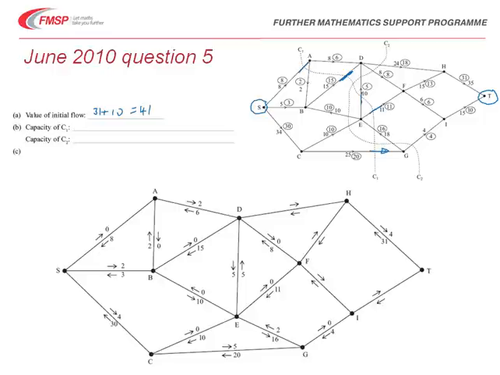So those are the ones that we're going to be using, and from those we get a total of 8 plus 15 plus 5 plus 11 plus 20, giving a total of 69.